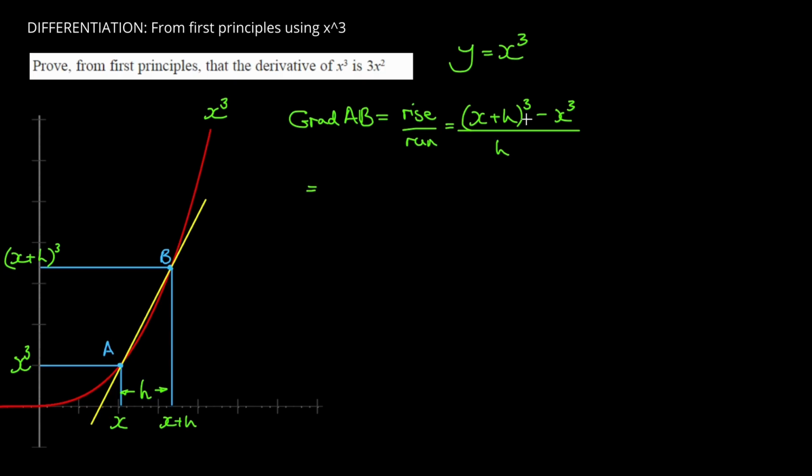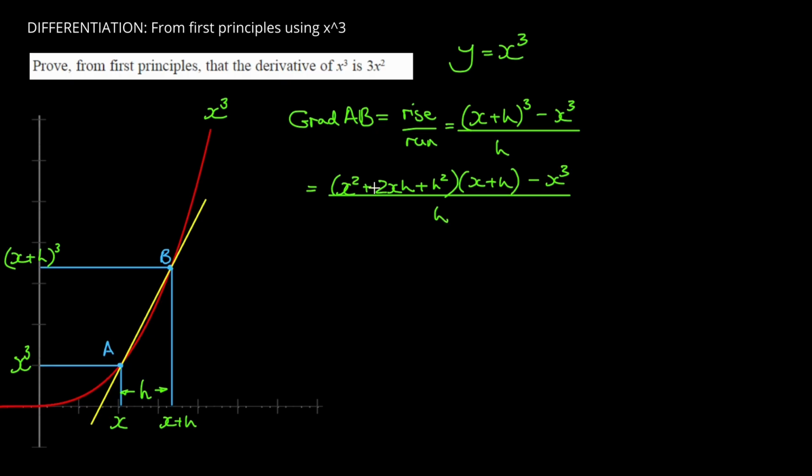Well, the multiplication of this is a quadratic and then multiplied by x plus h again. So the quadratic will be x squared plus 2xh plus h squared. And that will be multiplied by x plus h minus x cubed, and that's all divided by h.